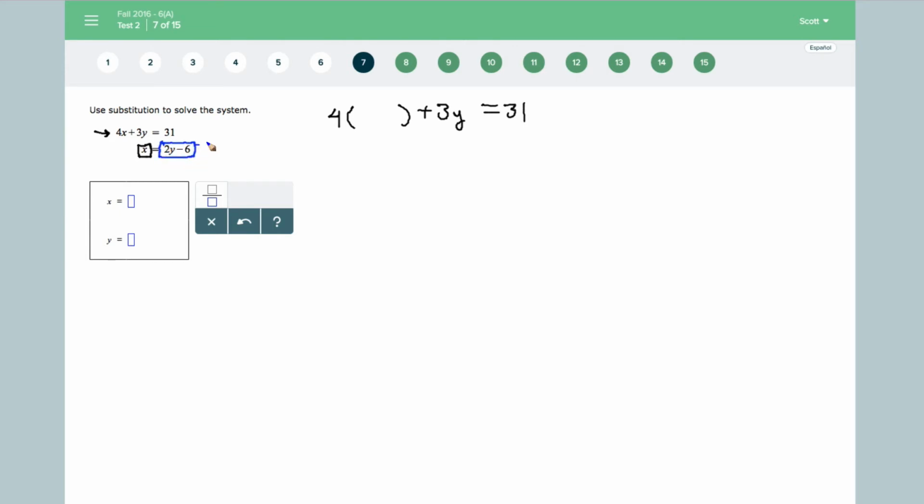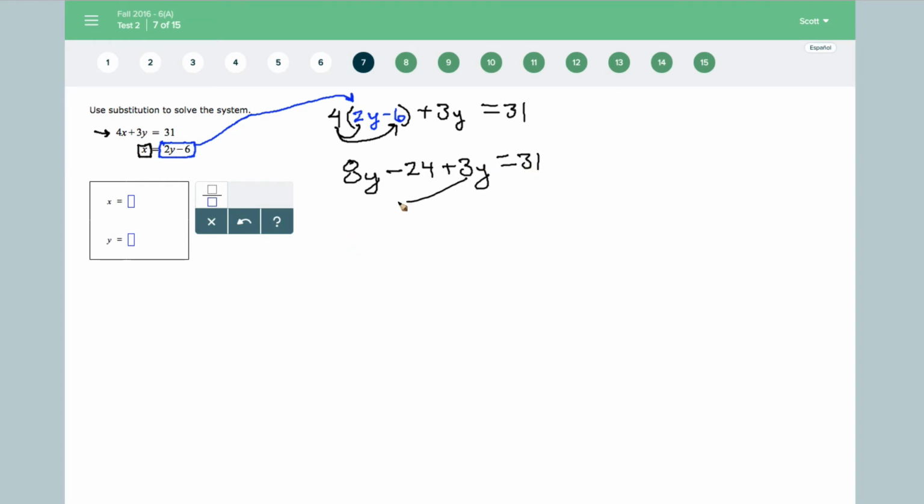So that is what goes inside the parentheses. So I have 2y minus 6 and then I just distribute. 4 times 2 is 8y. 4 times negative 6 is negative 24 plus 3y equals 31.